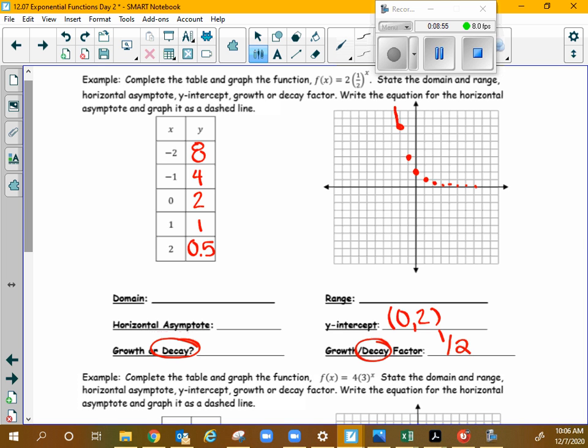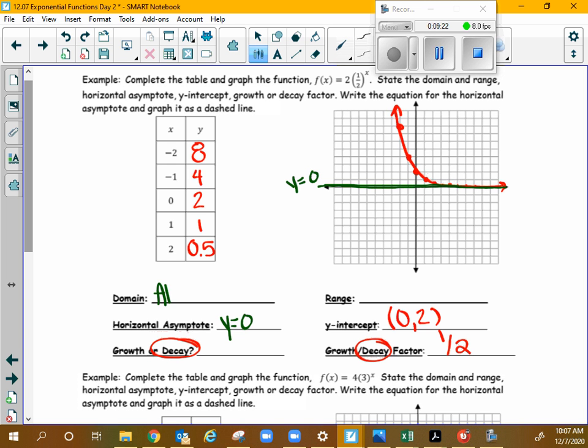Okay, so as x increases, what does y start getting closer to? 0. So I'm going to draw my horizontal asymptote. Y equals 0. What's my domain?